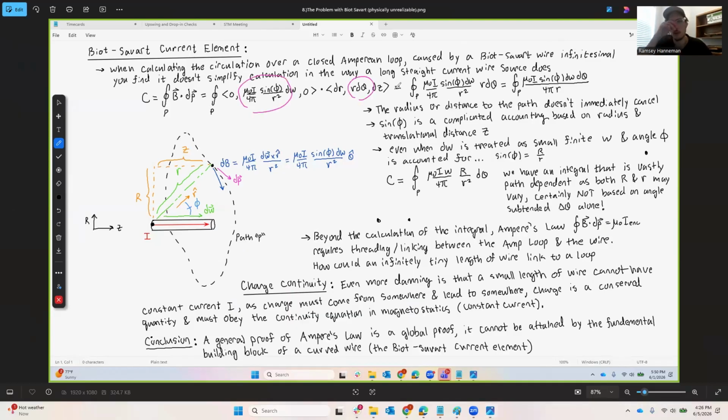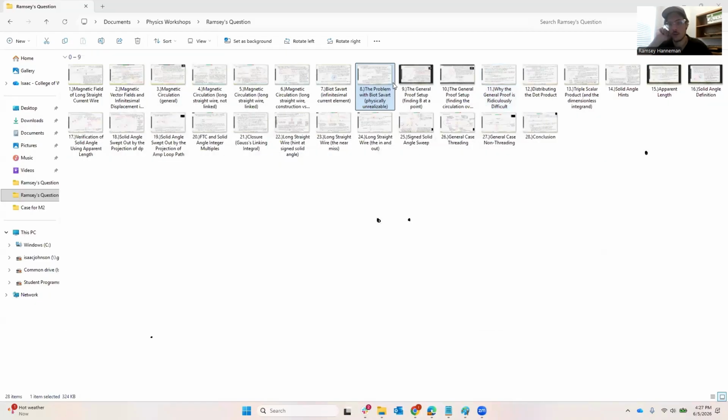When we do the dot product here, we end up with this nasty integral that not only depends on 1 over r, the distance the walk is away, but also on the angle between the B field and the path that you're walking. It's a horrifying integral, definitely not going to reduce to just a change in angle. We pretty much already talked over most of what's on that page.